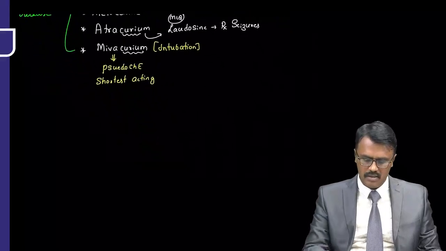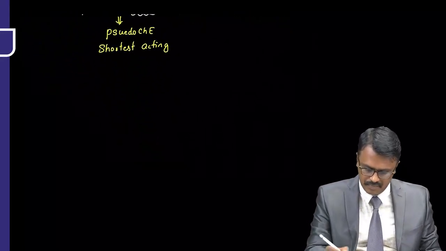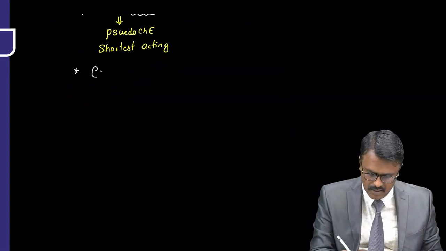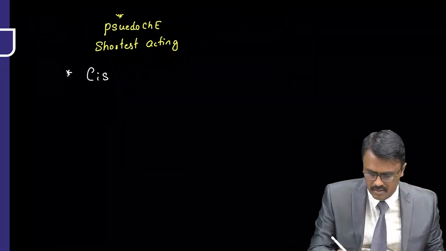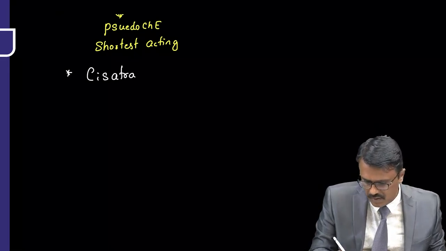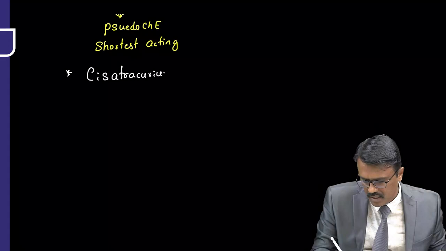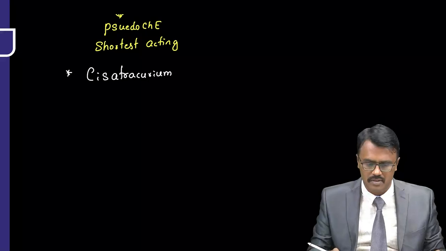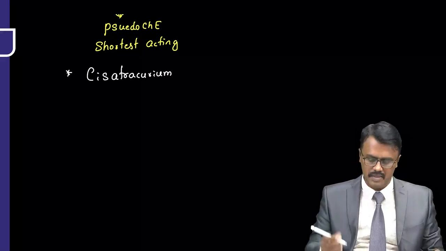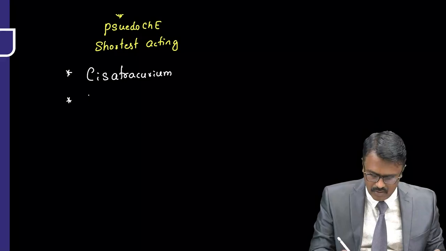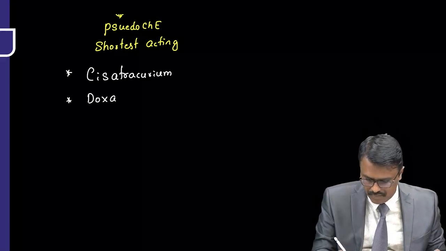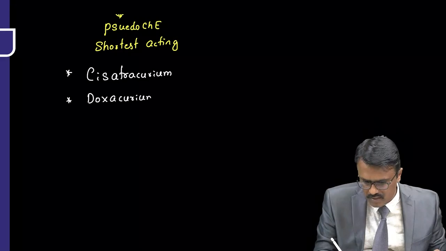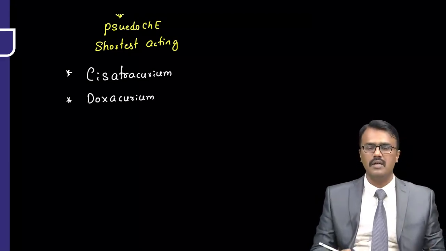Now, moving on to the other drugs in the same category. What are the other drugs? We have the same atracurium, but here it is called cisatracurium. Now, this cisatracurium, the advantage is it will not release laudanosine, so no risk of seizure. Second drug is called doxacurium.